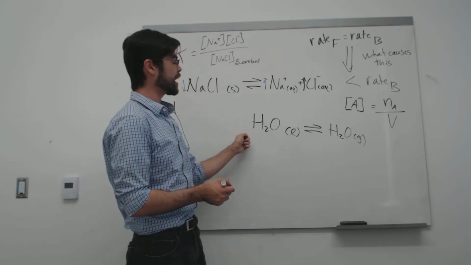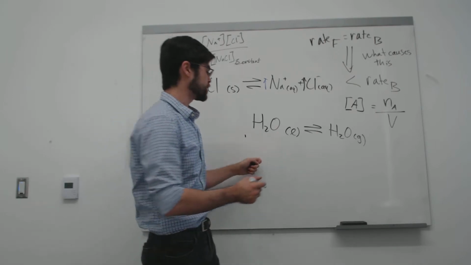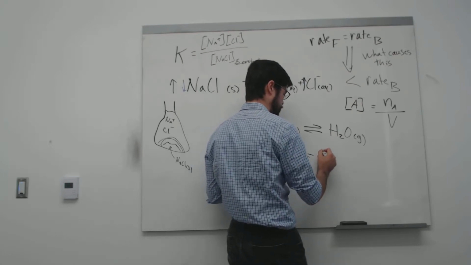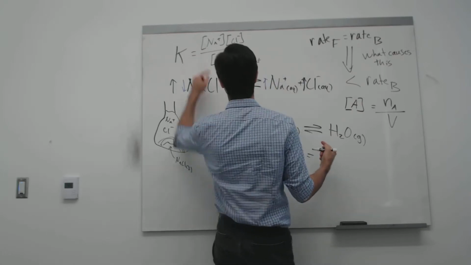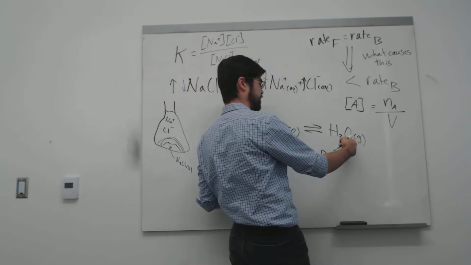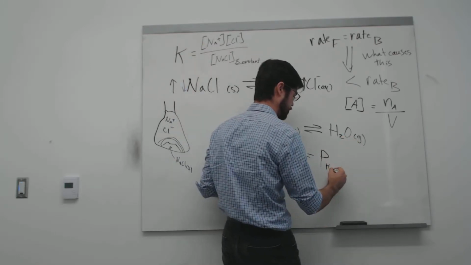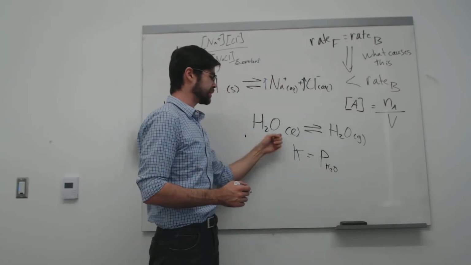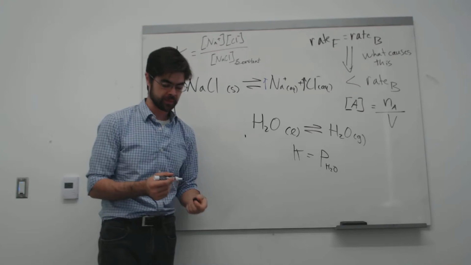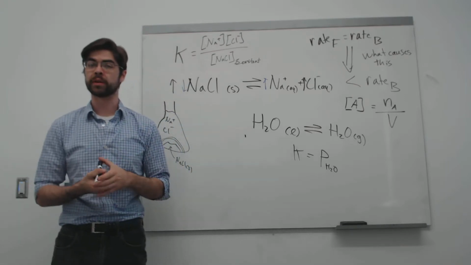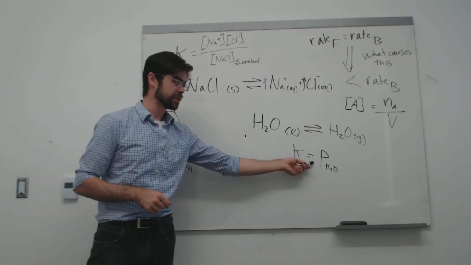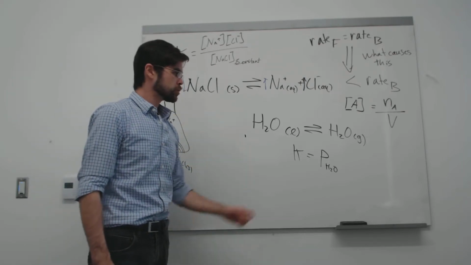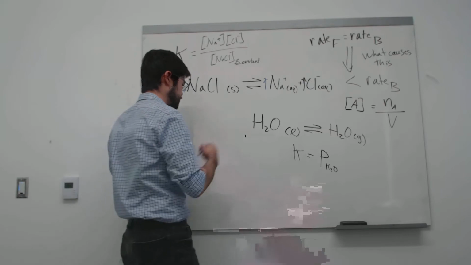If I were going to write a law of mass action for this, I would predict that K is equal to the partial pressure, well, it's products over reactants. Products in this case are going to be the gas. So it's just the partial pressure of the water, and then the liquid doesn't factor into the equilibrium expression because it's a liquid. Its concentration is constant. It doesn't have a concentration and it doesn't have a pressure. So let me actually describe what this system looks like.